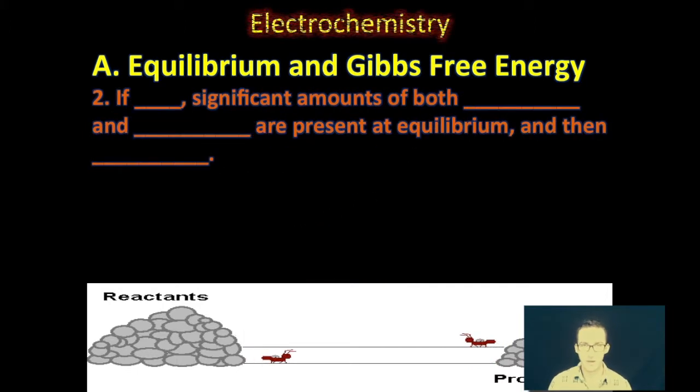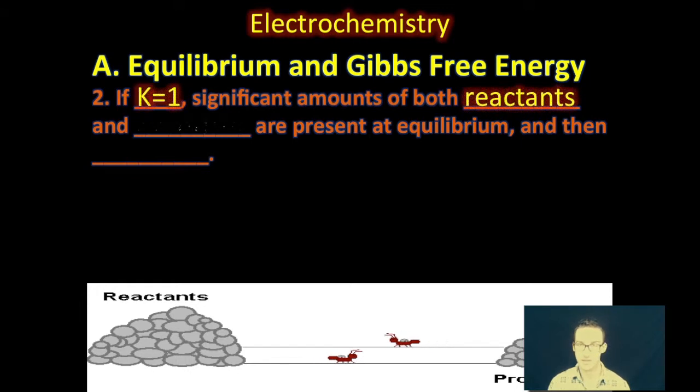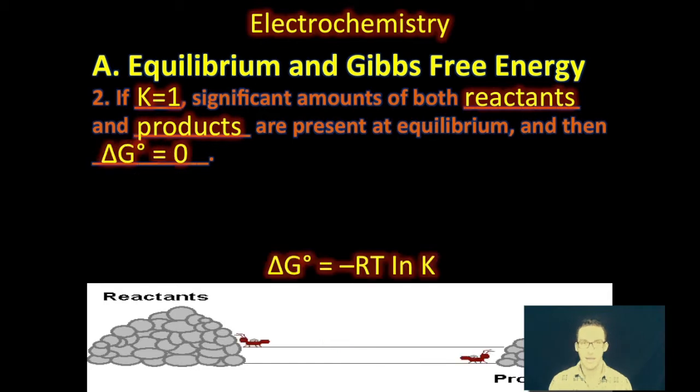All right, so some quick things to take away from the Gibbs free energy formula that relates the equilibrium constant. One, if your equilibrium constant is equal to 1, that means, of course, you have significant amounts of both reactants and products at equilibrium, and therefore your change in Gibbs free energy is equal to 0.